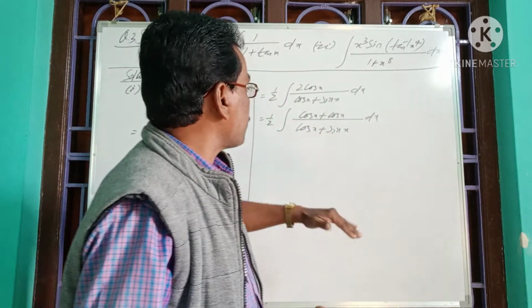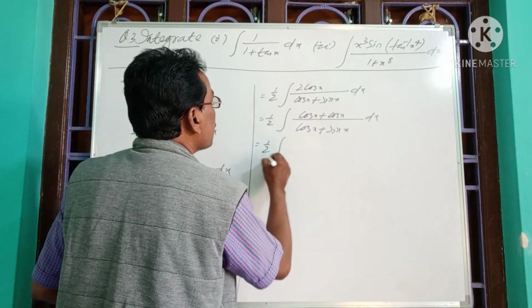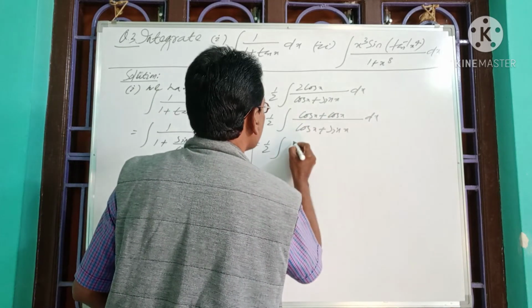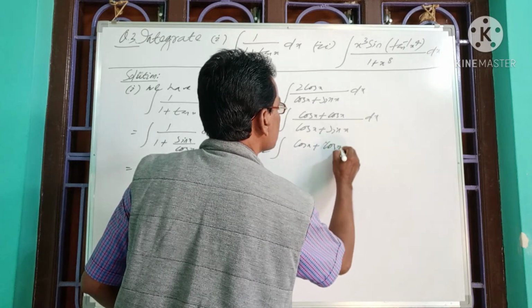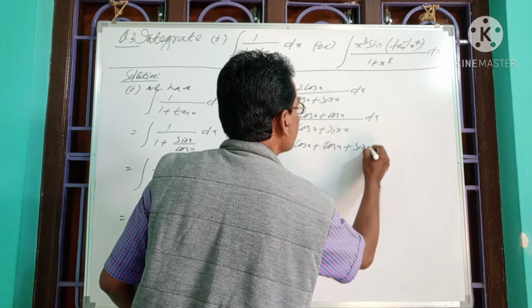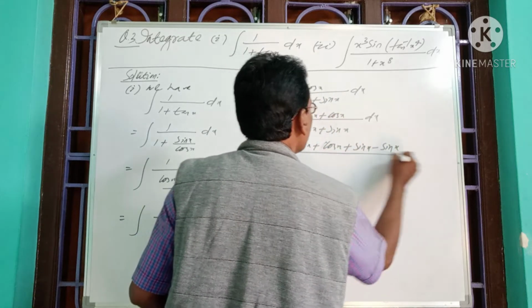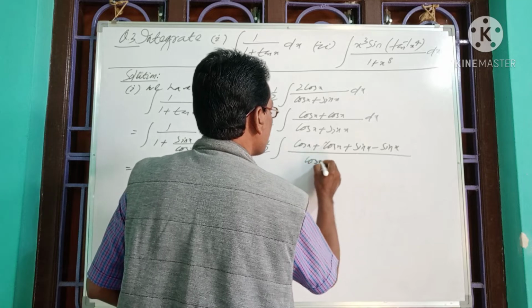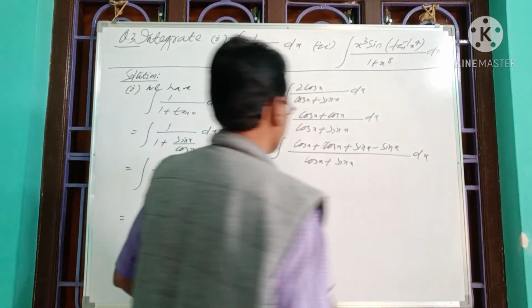So again let us apply a trick. With cos x plus cos x, let us add sin x and subtract sin x in the numerator. So we get cos x plus cos x plus sin x minus sin x by cos x plus sin x, whole integration with respect to x.